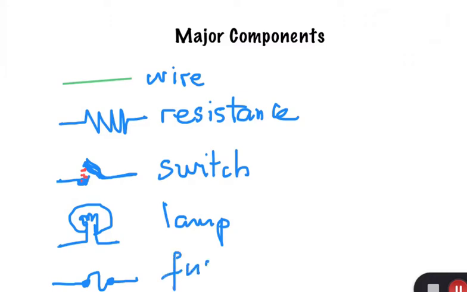A fuse is used to cut off electric current passing through a circuit in case of overheating or so. Okay, next one is this one here. This is for semiconductor.